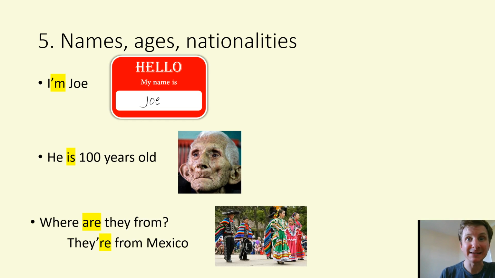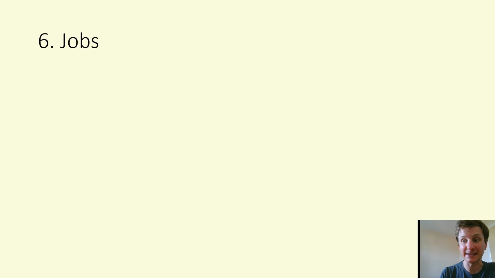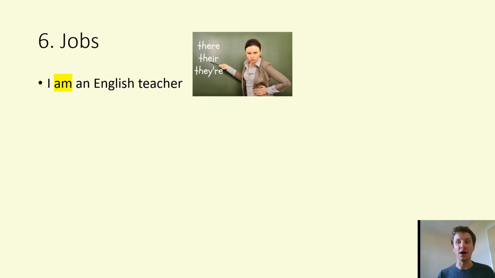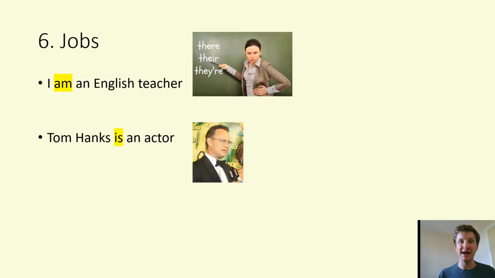They're from Mexico. They are from Mexico. That's their nationality. Right. Number 6, we use the be verb to talk about jobs. For example, I'm an English teacher. I am an English teacher. Tom Hanks is an actor.